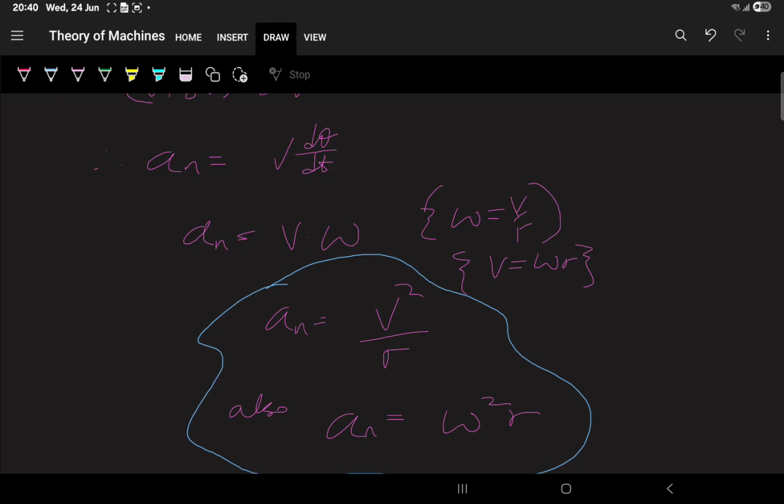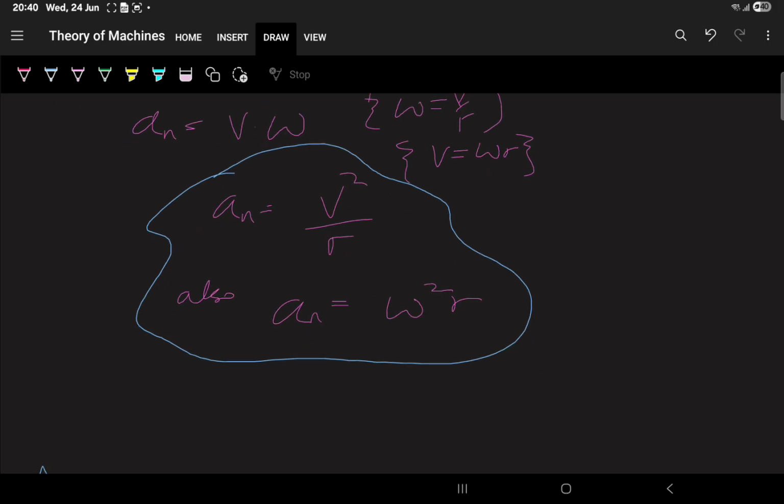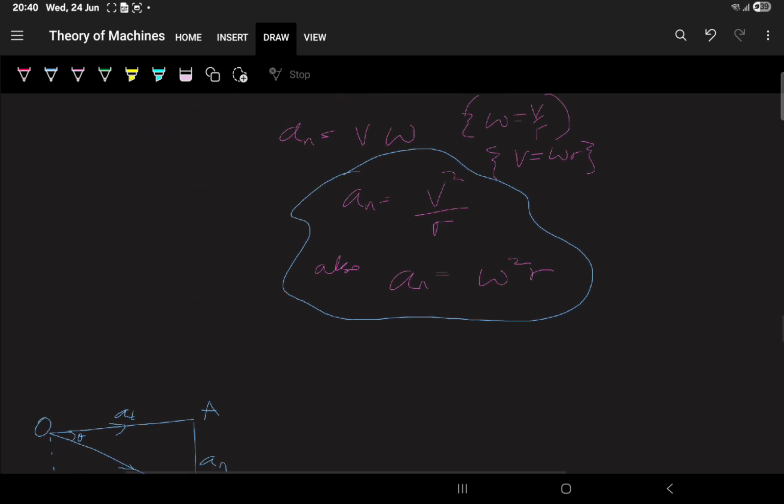Now d theta divided by dt is our angular velocity, which is omega. Now also omega is v over r. Playing around with the formulas, we have normal acceleration is v squared over r, which can also be written as omega squared r.